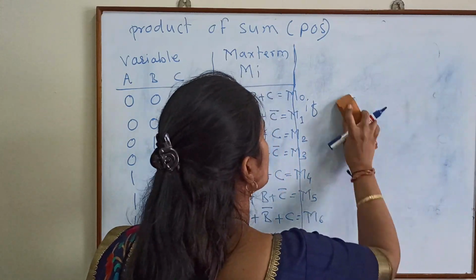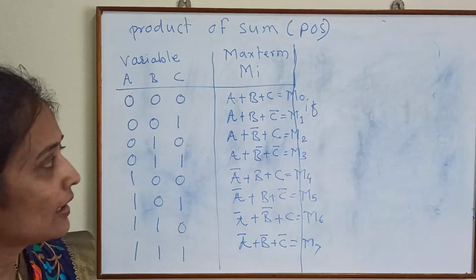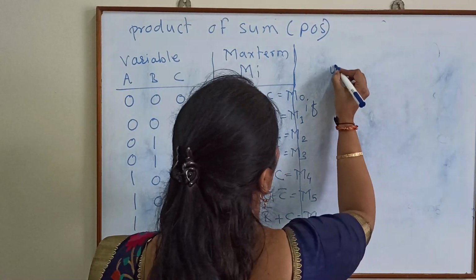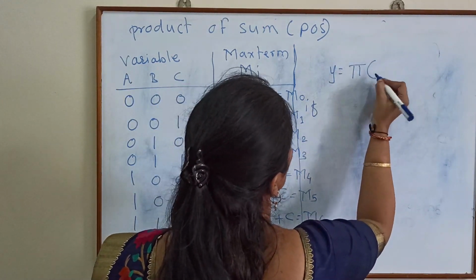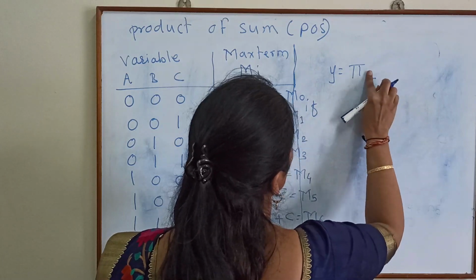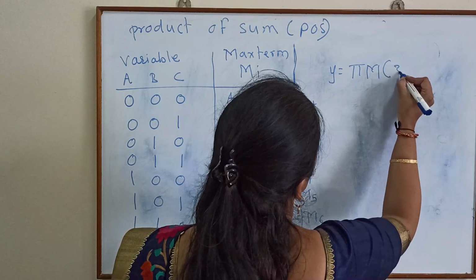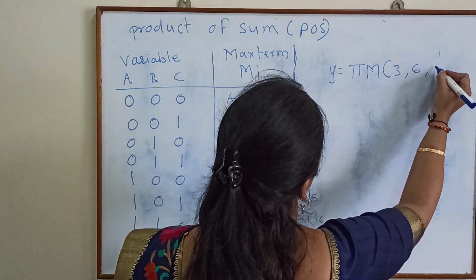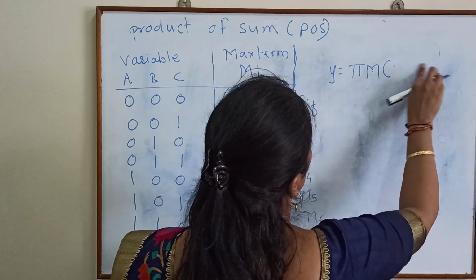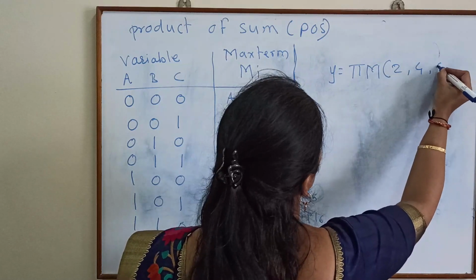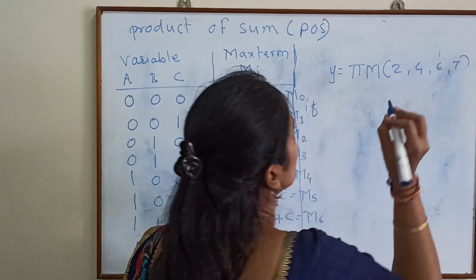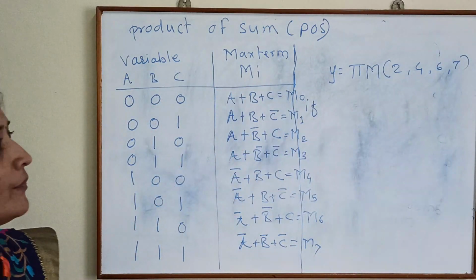If the given function is like this, y is equal to capital M of 2, 4, 6, 7. How will you write it here?